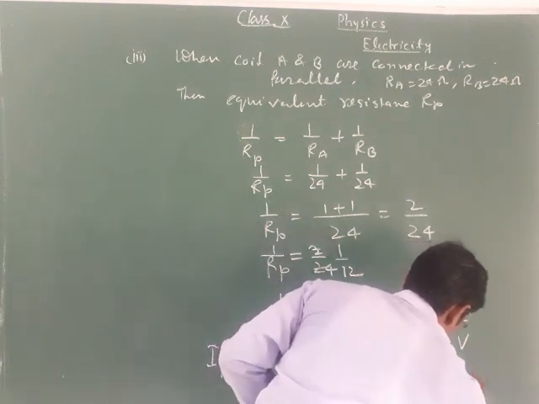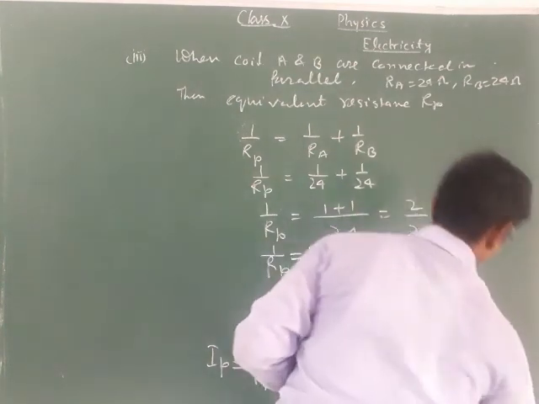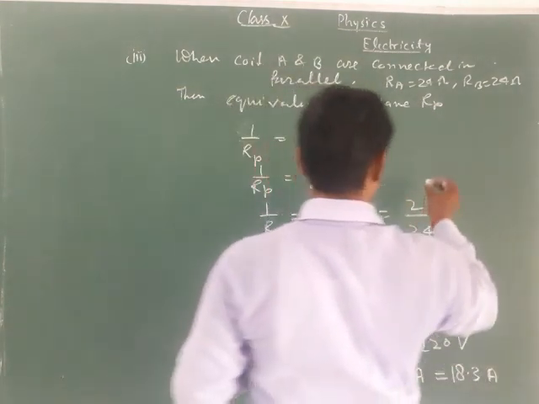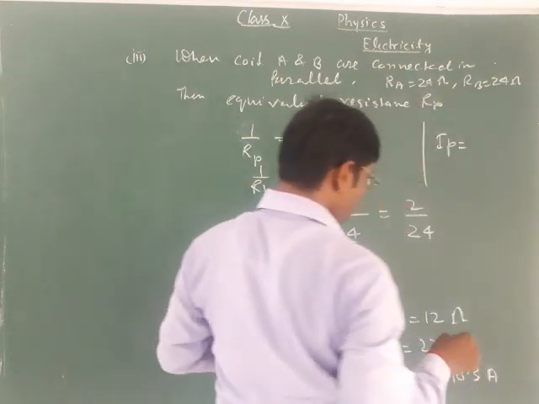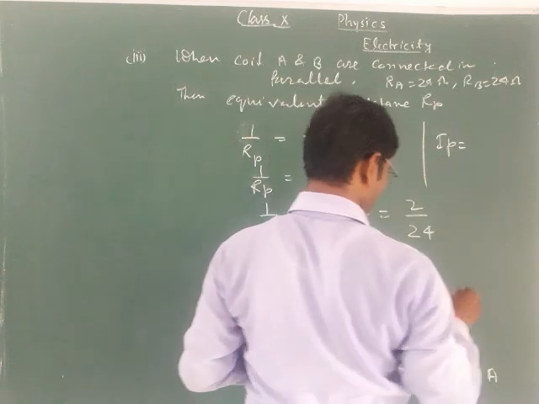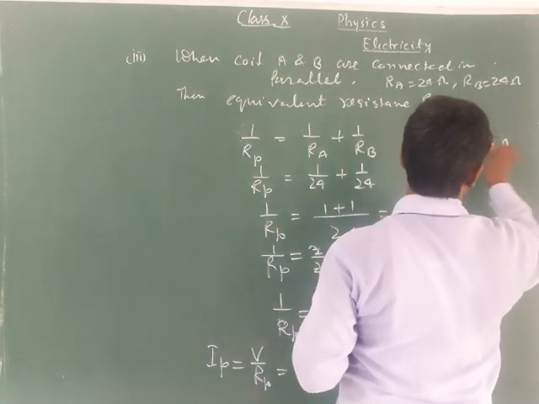So 18.3 ampere. So Ip, the current flow in parallel, is equal to 18.3 ampere.